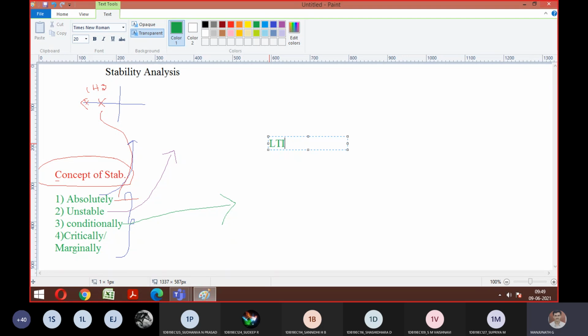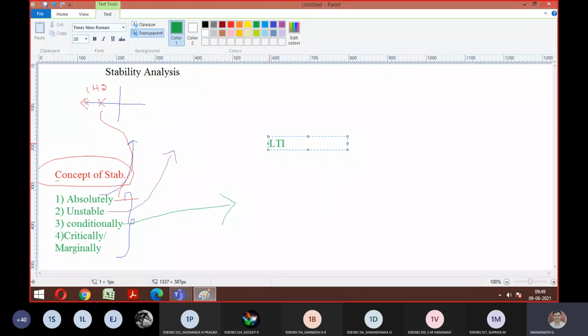It is a concept about the properties of a system, and I hope you already finished that and you are going with respect to your LTI model also. Am I correct?